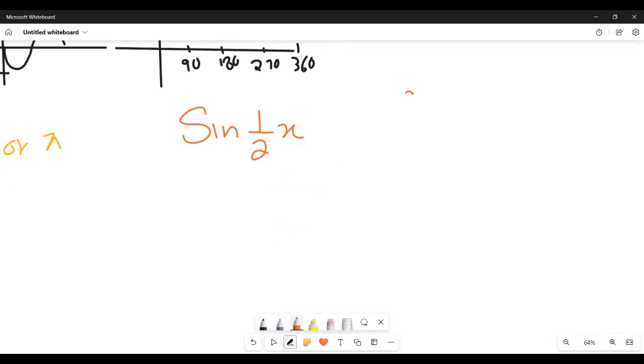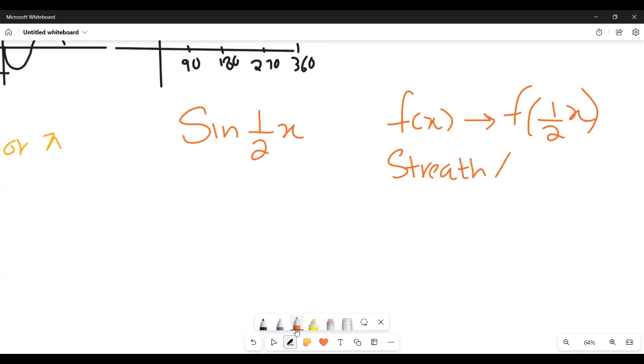So now we're plotting the graph for sine half x. Again, when f(x) transforms into f(half x), then it's a stretch parallel to the x-axis, with scale factor the reciprocal of half, which is 2.